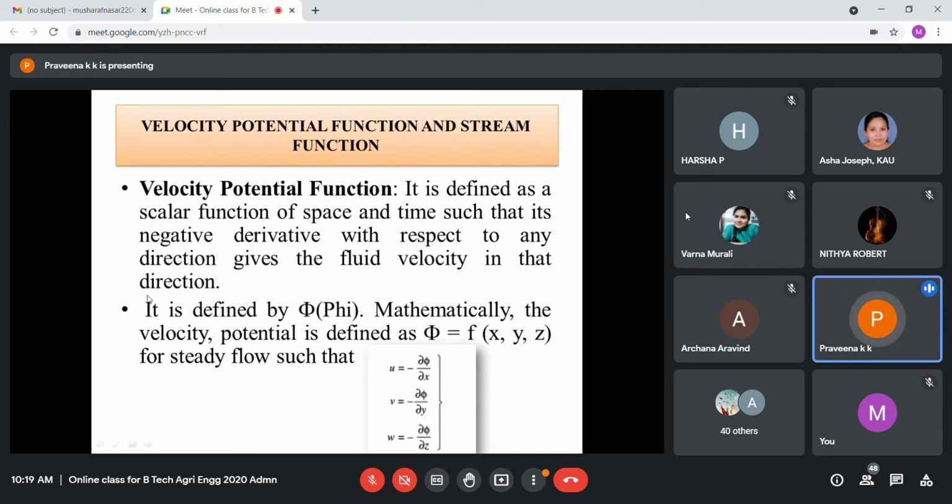It is denoted by phi. Mathematically, u equals negative dou phi by dou x, v equals negative dou phi by dou y, and w equals negative dou phi by dou z.